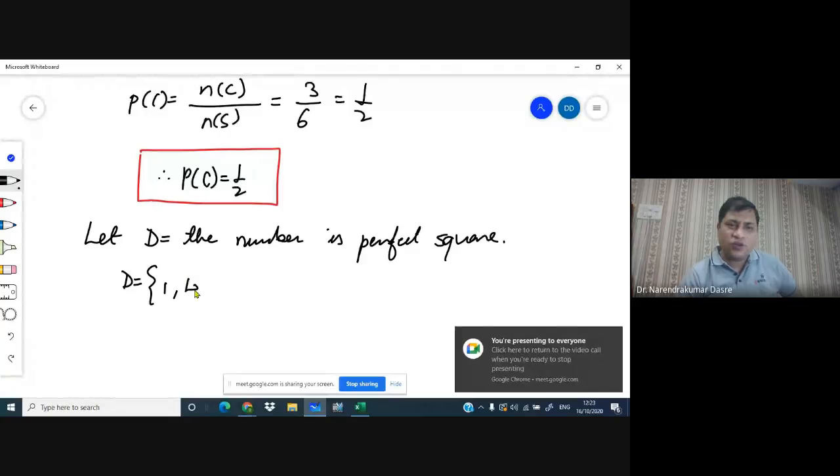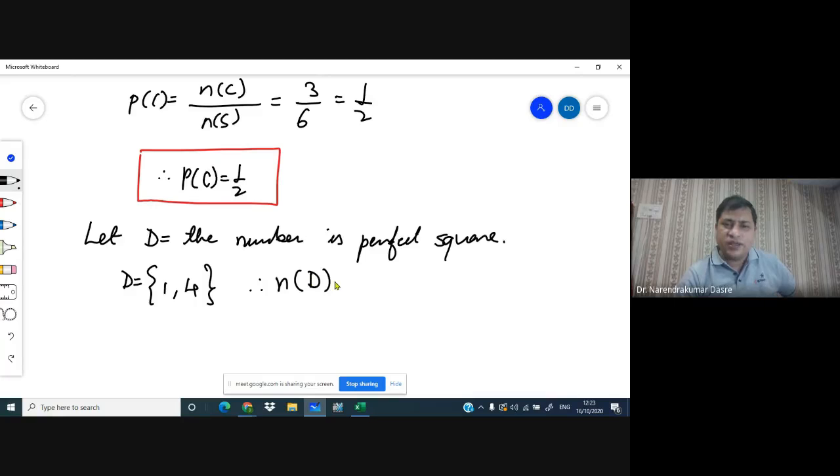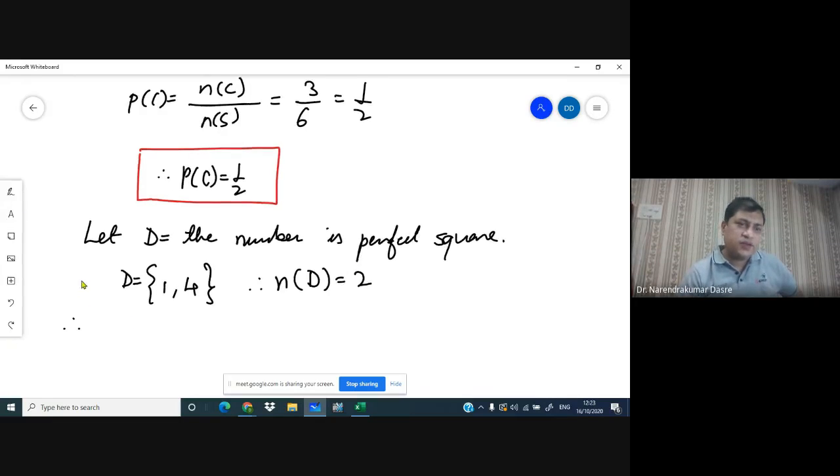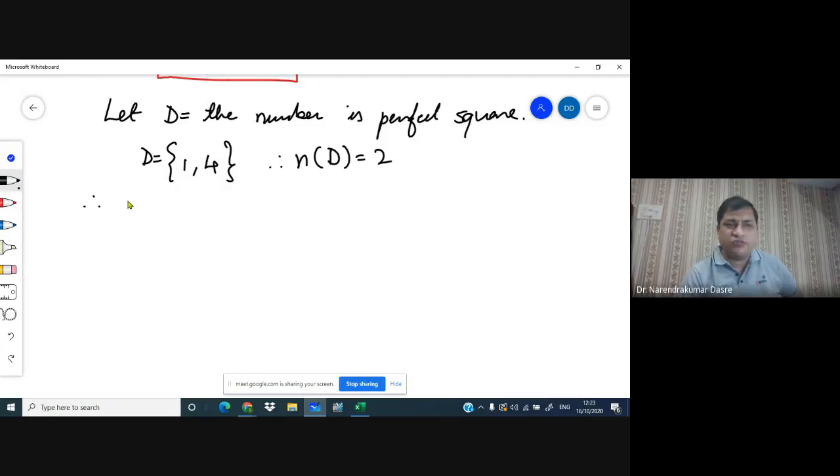These are the only squares in this list. So the sample points in the event D are 1 and 4, and hence the number of sample points in D is equal to 2.